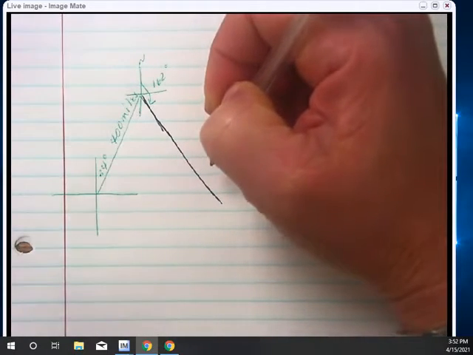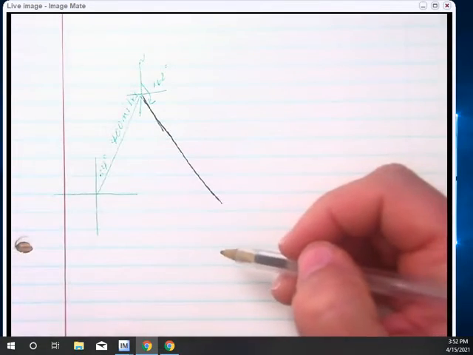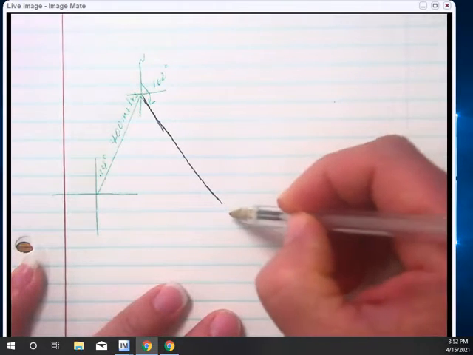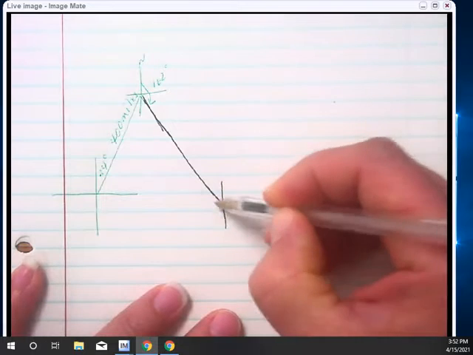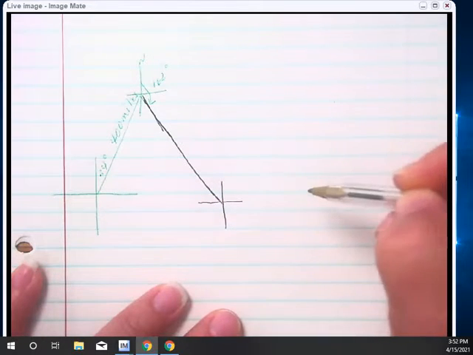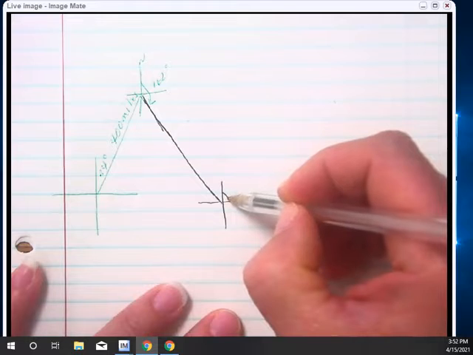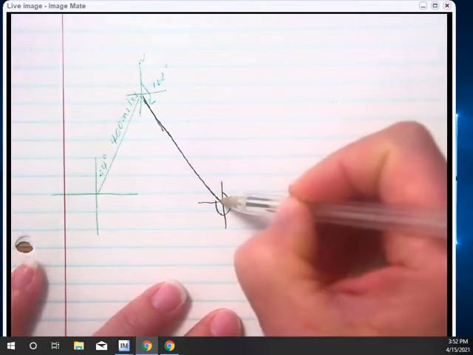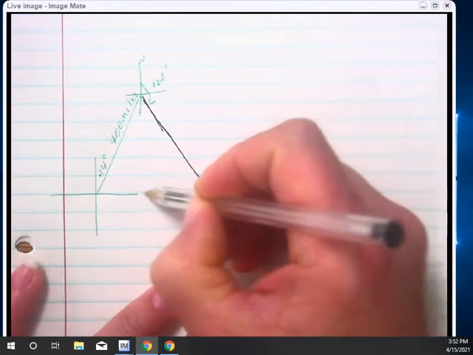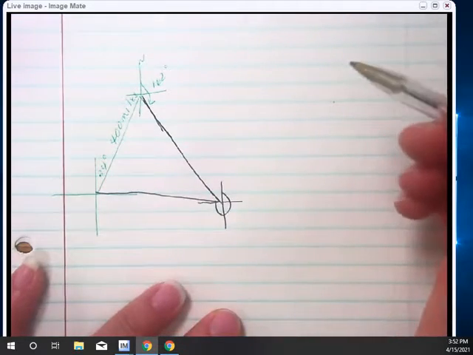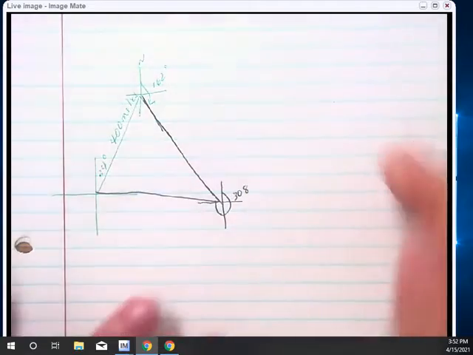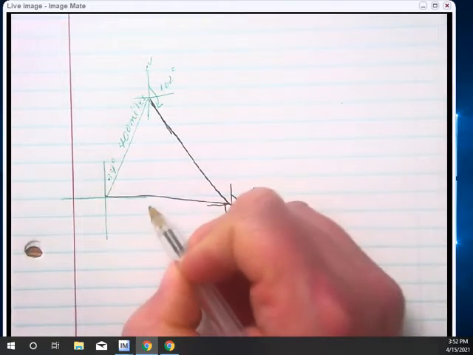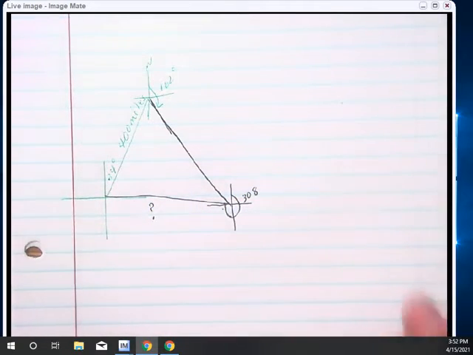And finally, the plane flew back to the carrier on a bearing of 308. So I set up my compass again. 308 is all the way around past the 270 mark, going back over here to the carrier. Okay, 308. Now, it wants to know the distance on the final leg of this journey.